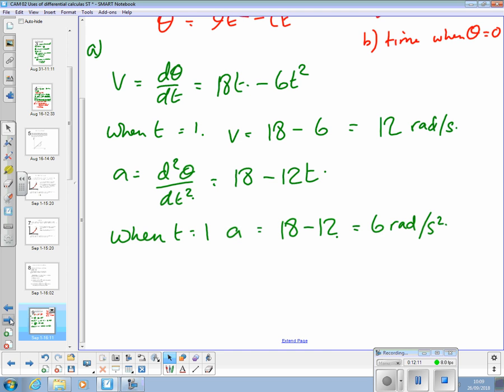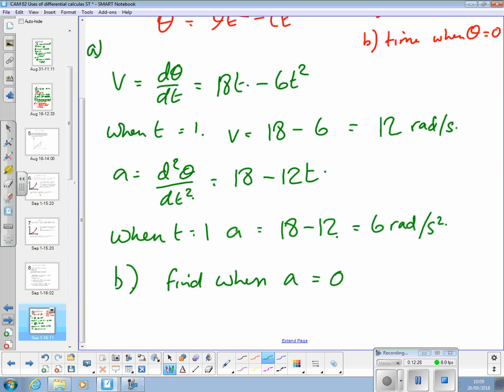And the last bit is B: we want to find when the angular acceleration is equal to 0.